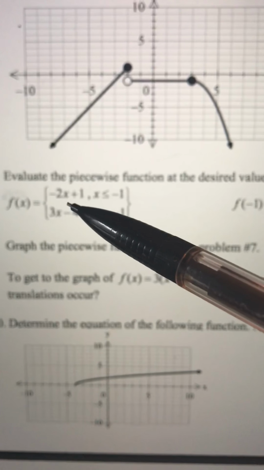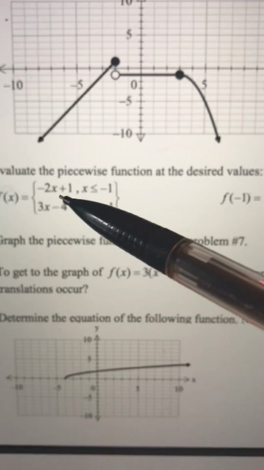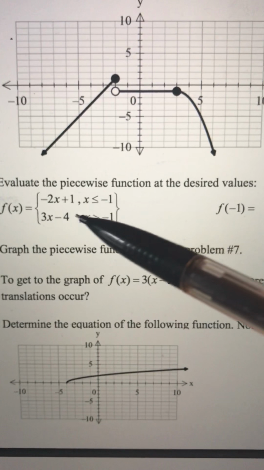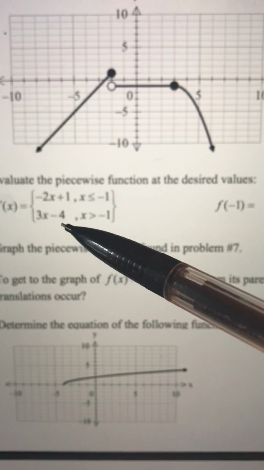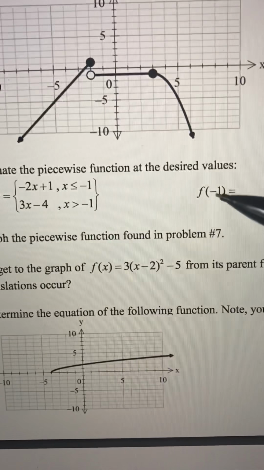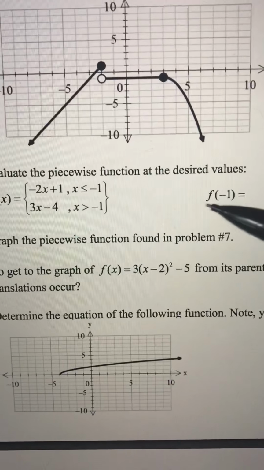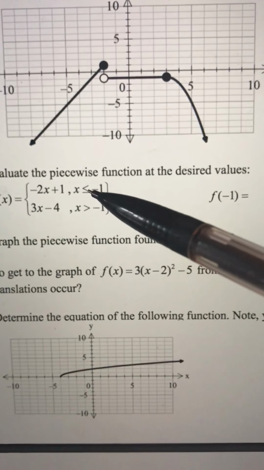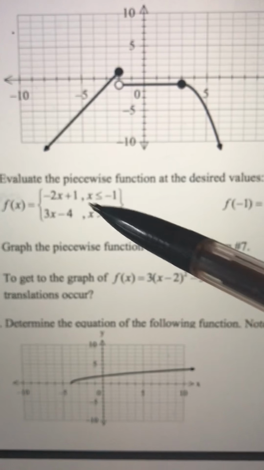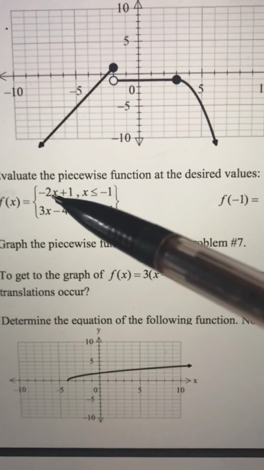So for example, you use the piece negative 2x plus 1 if x is less than or equal to negative 1. You use the piece 3x minus 4 if x is greater than negative 1. So for negative 1 in particular, that's where we use the equals negative 1. So we're going to use the first piece, and we're going to plug negative 1 in for x there.